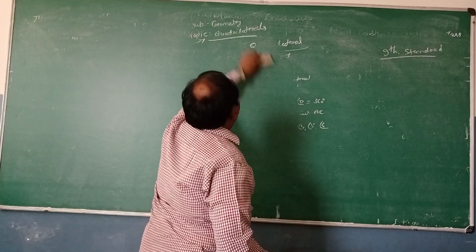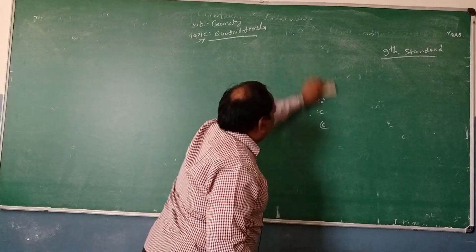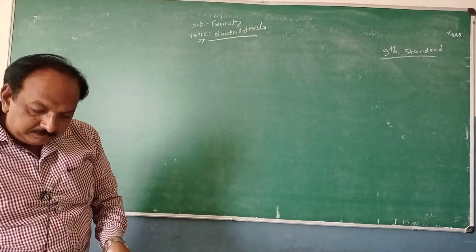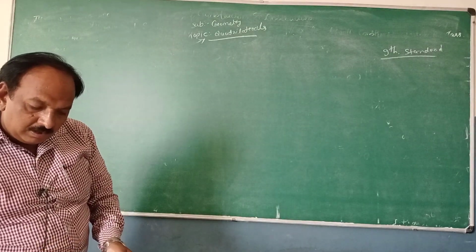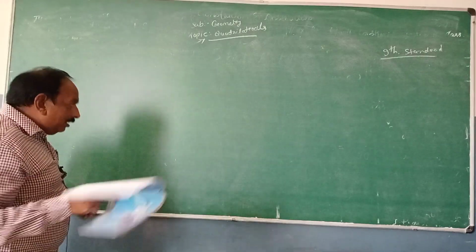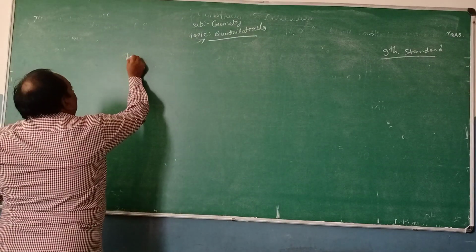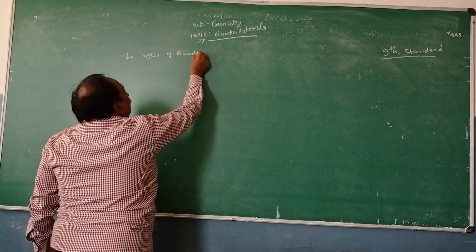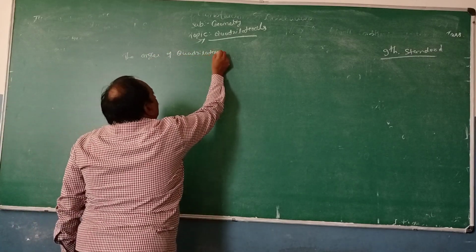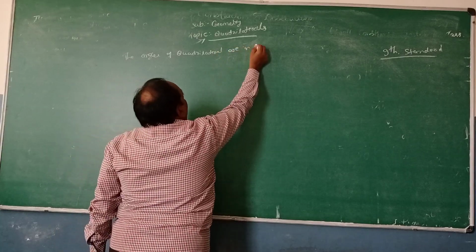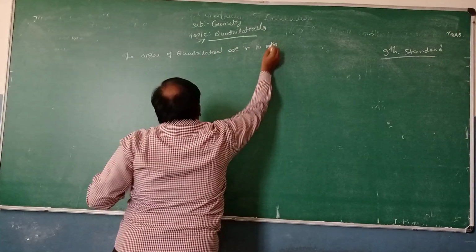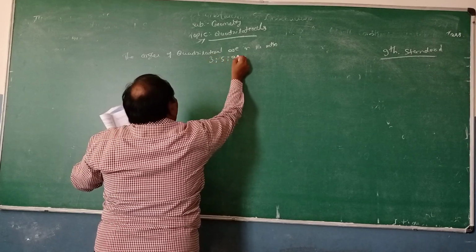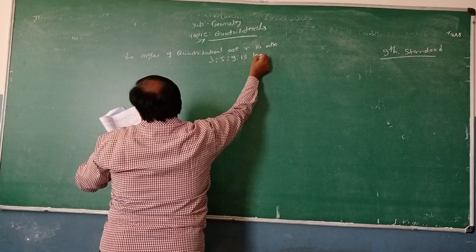Based on this concept, there is only one problem in the textbook. We have to work out this problem. The angles of the quadrilateral are in the ratio 3:5:9:13.